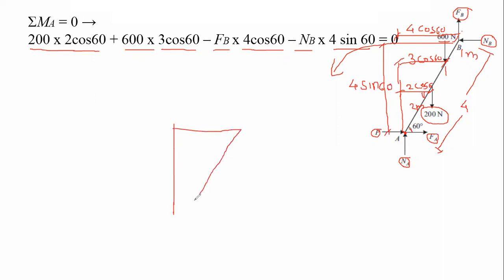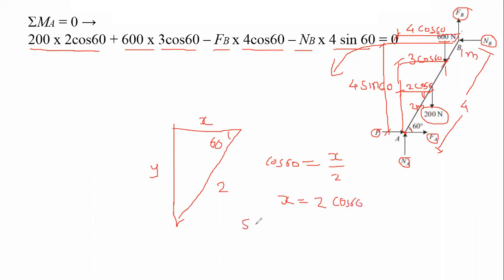This is a triangle, this distance is 2 meter, and this angle is 60. Let us say this one is x and this one is y. As we know, cos 60 is equal to adjacent side over hypotenuse, x upon 2, that's why x is equal to 2 cos 60.